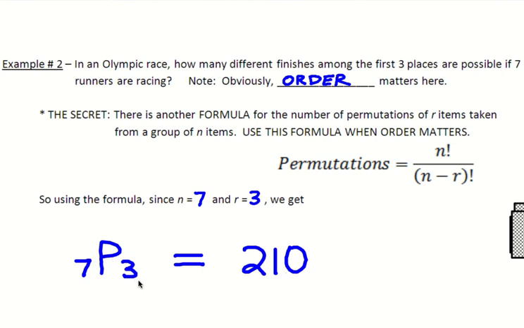On your calculator, it's probably going to say 7 nPr 3, even though technically 7 is the n and 3 is the r. It's just calculator programming. And it's going to say 210. So there's 210 different ways that you can award gold, silver, and bronze with just 7 runners. It's kind of crazy.